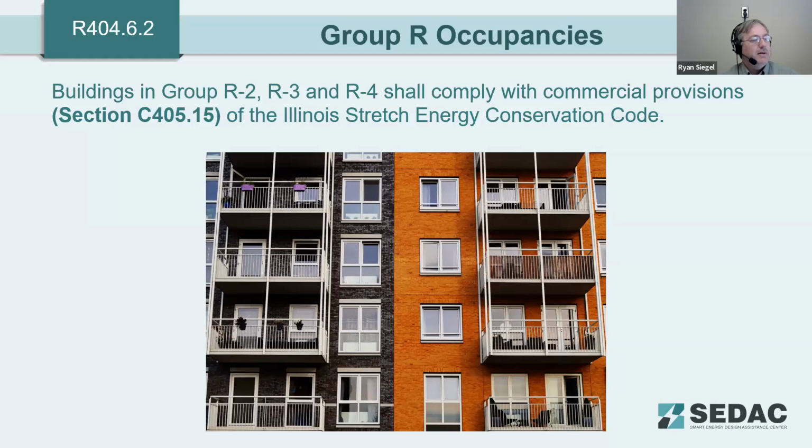Questions that came in, is the required EV space class 1 or class 2? The provisions for that, I believe it's a 40 amp 208 or 240 volt circuit. So that would be capacity for a level 2 charger for that.